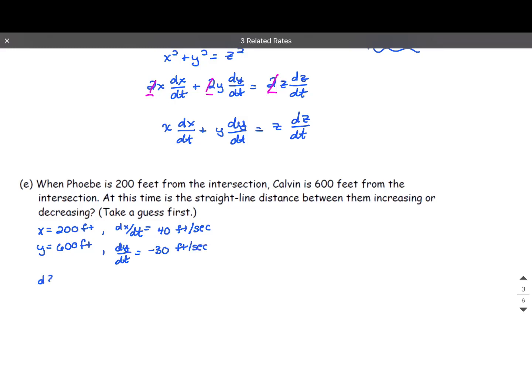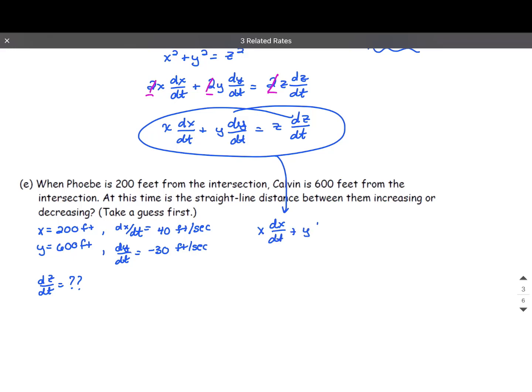We want to know dz/dt, right? That's what we're looking for. So we're going to take this equation that we just had when we took the derivative, x dx/dt plus y dy/dt equals z dz/dt, and we're going to plug in everything we know.